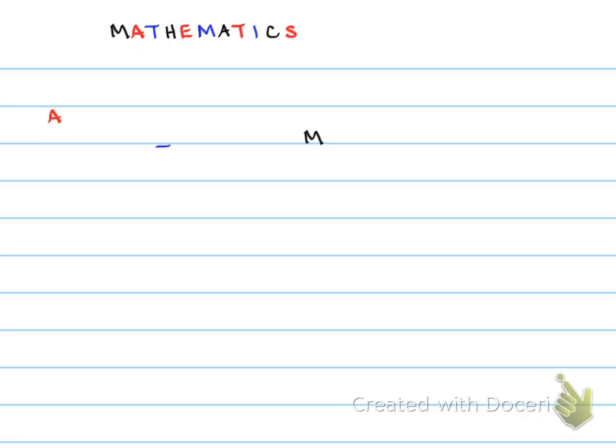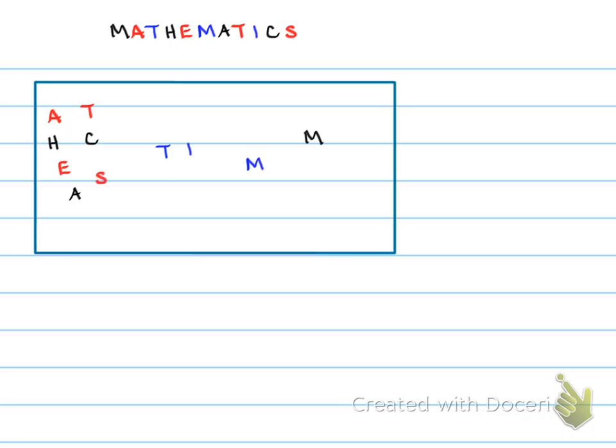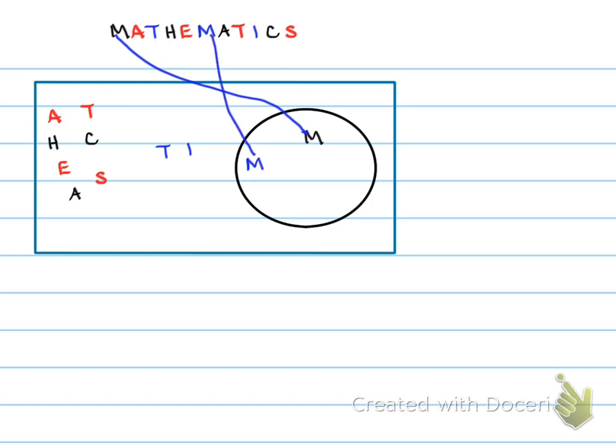A Venn diagram doesn't necessarily have circles that coincide, but specifically we're going to put everything into a set. Now we want to choose blue or M. The M's have their own set from the word MATHEMATICS. So I took all the M's and put them into the circle.